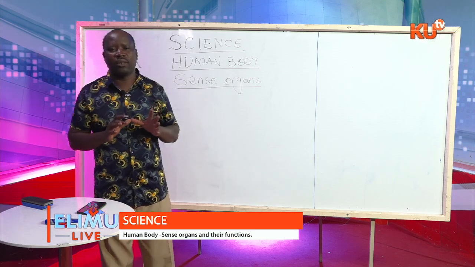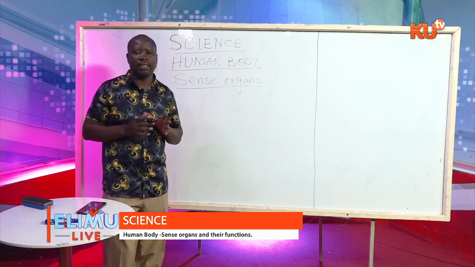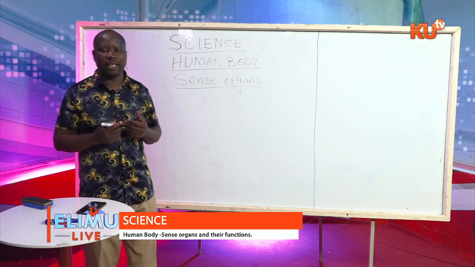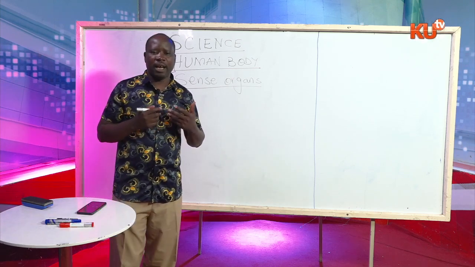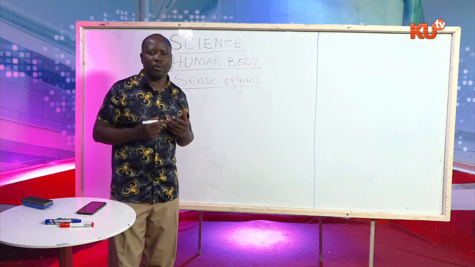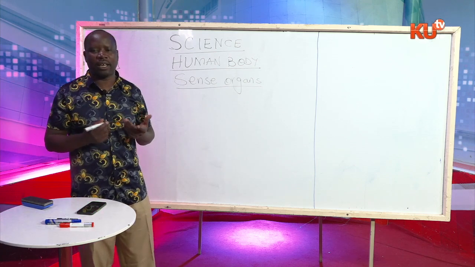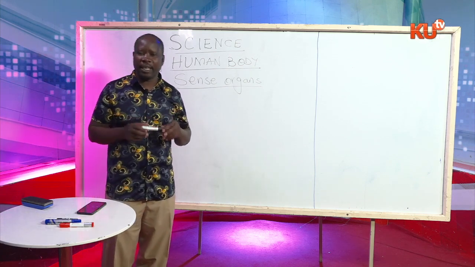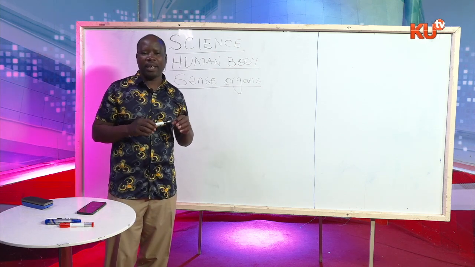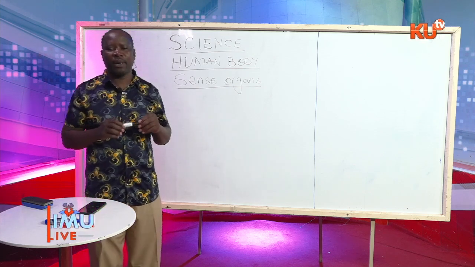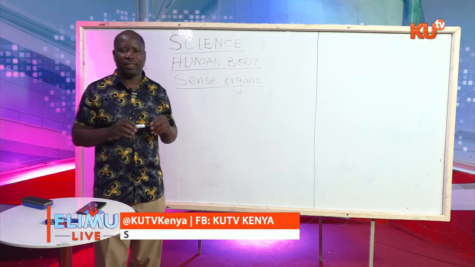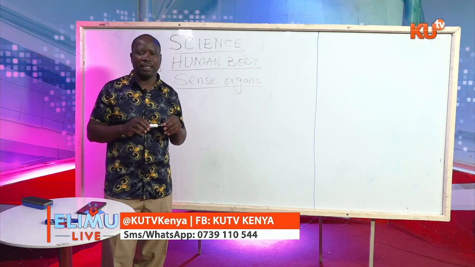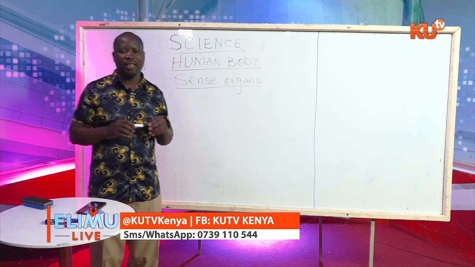That is what we refer to as sense organs. They are called sense organs because as they help us to understand what happens in our bodies or around us, they have senses. They help us to sense. They help us to understand these things, and that is why they are called sense organs.